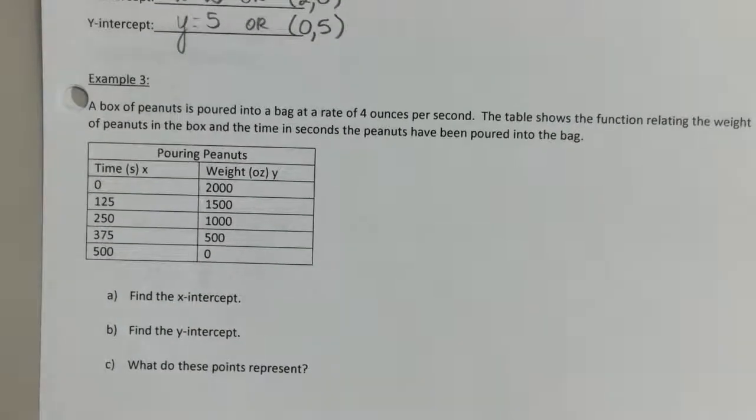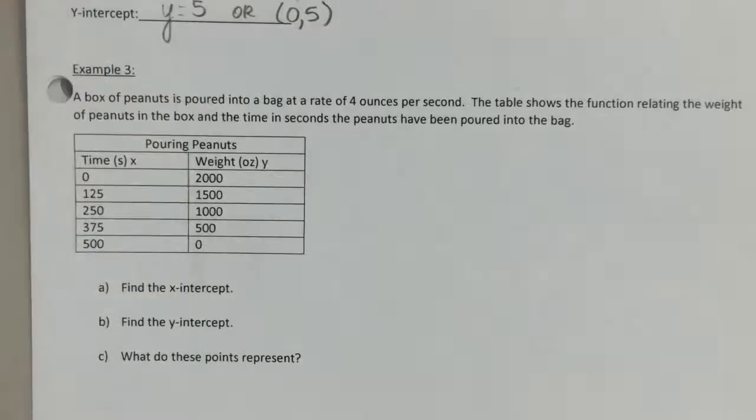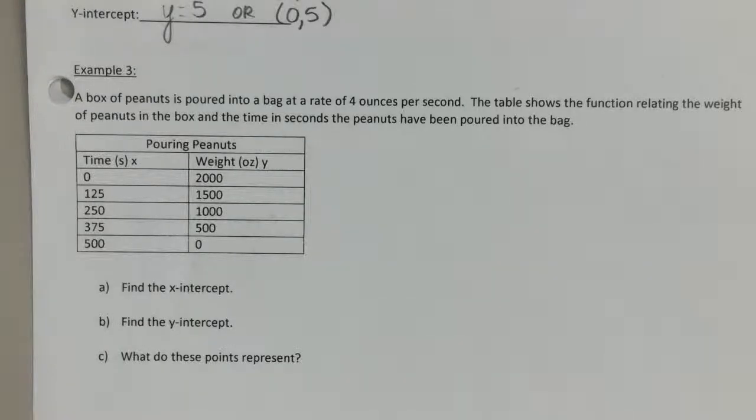Example 3, you kind of need to get a feel for what's going on in the problem. You've got a box of peanuts that's being poured into a bag at a rate of 4 ounces per second. So the table shows you the function that relates the weight of the peanuts in the box and the time in seconds that the peanuts have been poured into the bag.